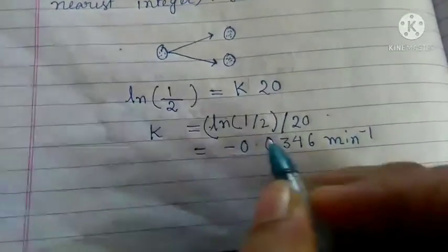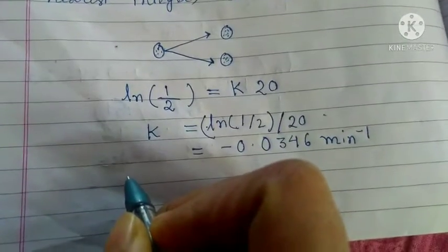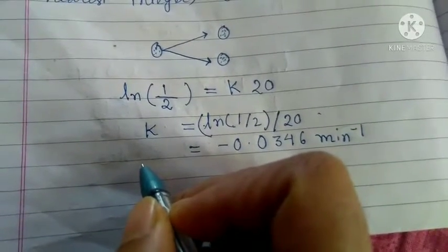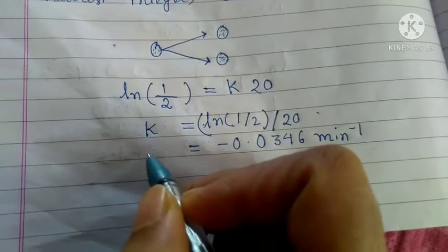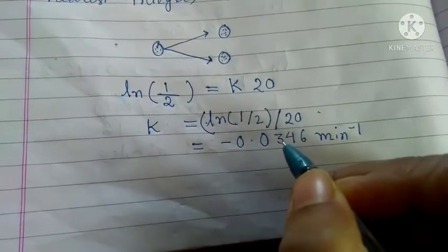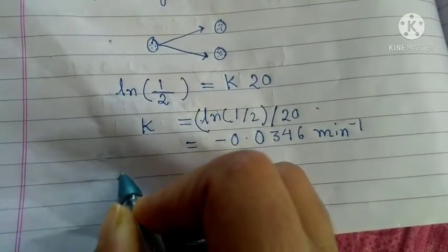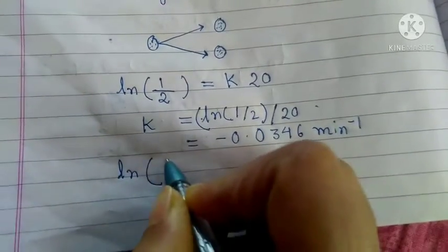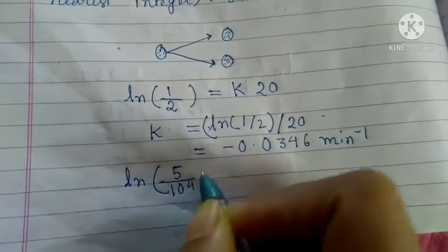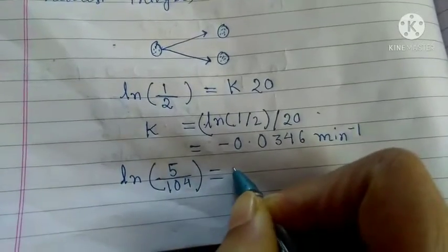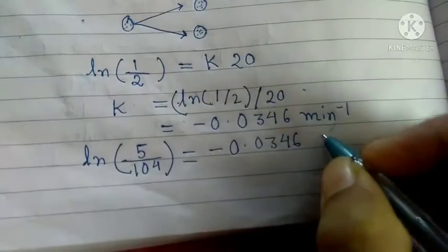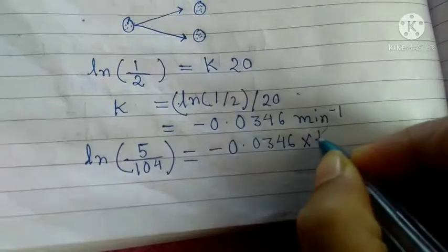Now using this value we can calculate the time at which the concentration will grow up to 10 to the power 4 cm to the power minus 3 from 5 cm to the power minus 3. So again ln from 5 to 10 to the power 4, we put the rate constant 0.0346 into time. We have to calculate this time.